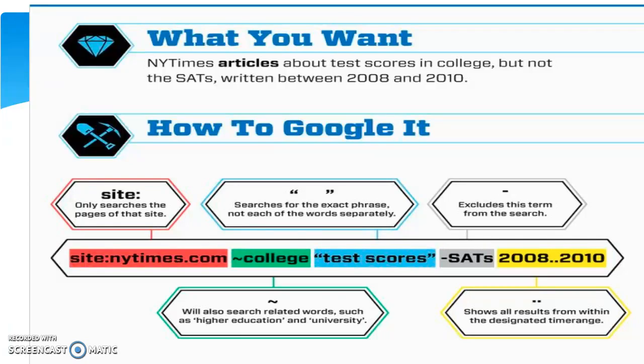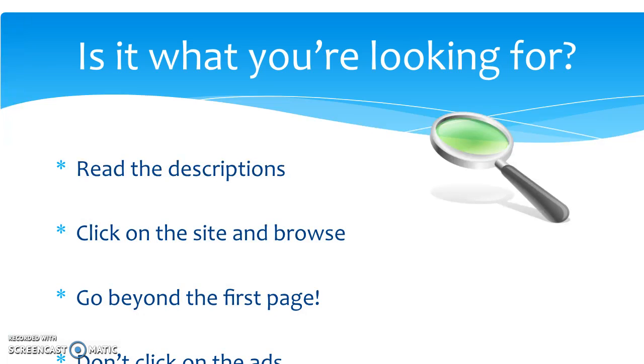But if you're typing in a long phrase because you're trying to get more specific as to what you want and it's not coming up, you may want to try putting an exact phrase in quotation marks. Or maybe things keep coming up over and over again that you don't want. You can try putting that minus sign to get rid of those, or limit your dates. These are all quick and easy ways that you can get Google to give you exactly what you want.